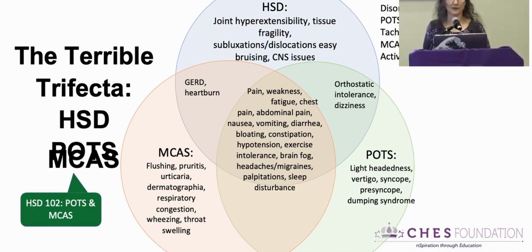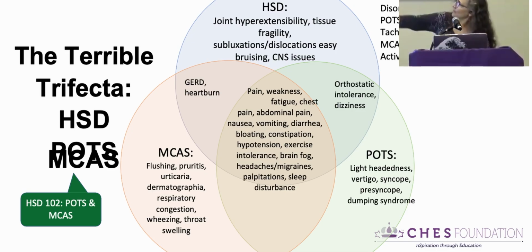And I'll define those a little bit more in a moment. But we think probably about 70% of people have all three of them in one amount or another, with the exception that since COVID and long COVID is mast cell activation plus POTS, now there's a lot of people who aren't hypermobile who now have mast cell activation and POTS.